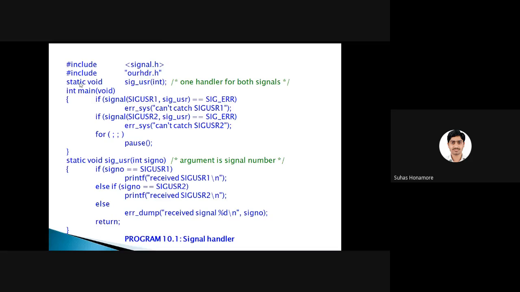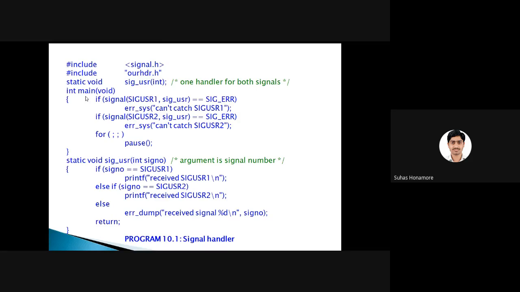It may be static or global, and here we define it as static. In this one handler we are trying to handle both signals. So this is the common handler for our two signals, SIGUSR1 and SIGUSR2. For both signals we are using the same common handler.